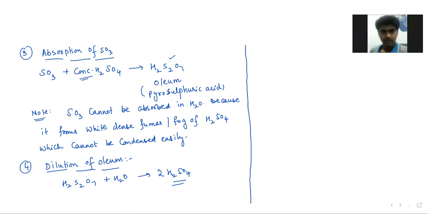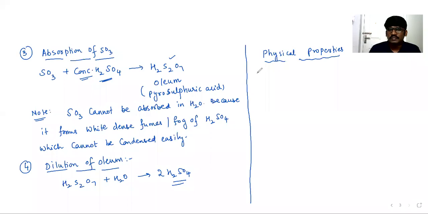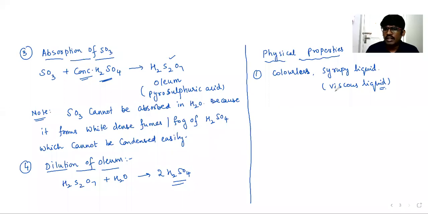Sulfuric acid is a colorless, syrupy liquid, or else you can say a viscous liquid.